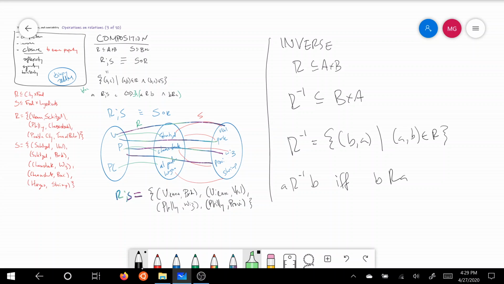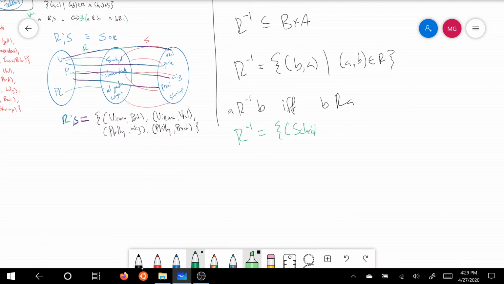Okay, so for example, what might we get if we took our R from over here, R inverse? Well, that would be schnitzel Vienna, pork Vienna.